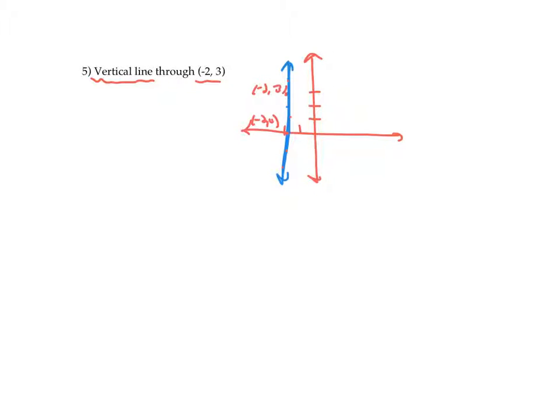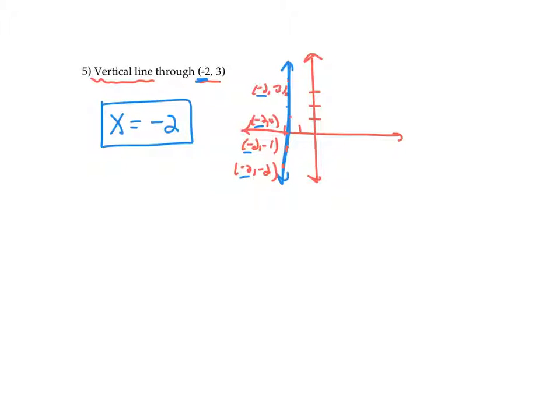This point down here could be (-2, -1). This could be (-2, -2). You kind of get the picture. And what these points all have in common is that they all have an x value of -2. So basically, when you write the equation of a vertical line, you look for the x value and you just simply say x equals -2.